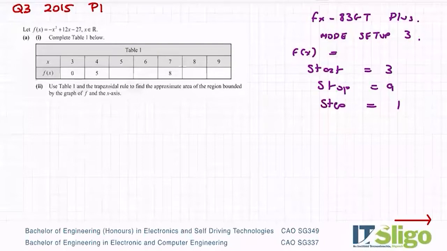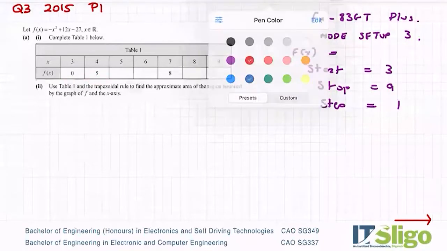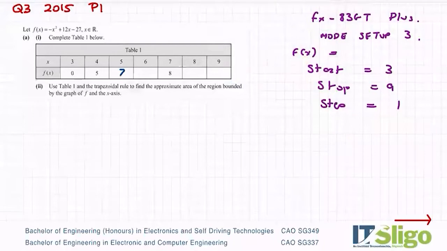I'm starting at 3, I'm ending at 9, I'm going up in steps of 1. So I am indeed getting 0 for x equal to 3, 5 for x equal to 4, 8 when x is equal to 5, 9 when x is equal to 6, back down to 8, back down to 5, back down to 0.